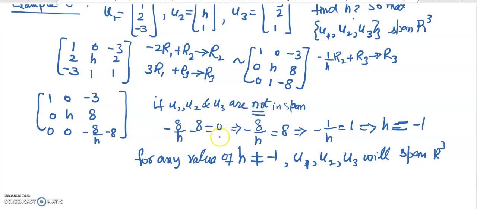But if they are in span, then h should not be equal to -1. So any value of h which is not equal to -1 will give us the answer that u1, u2 and u3 span R3.